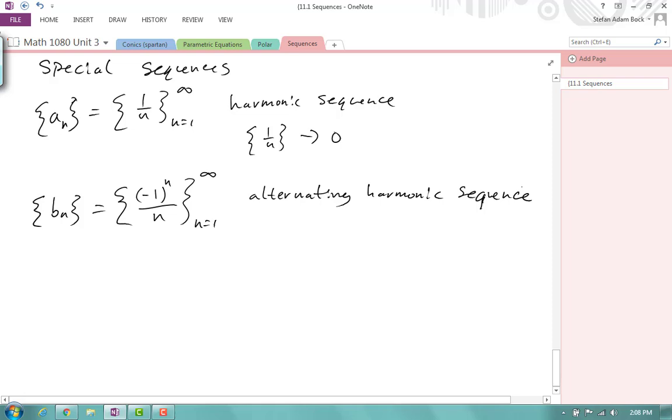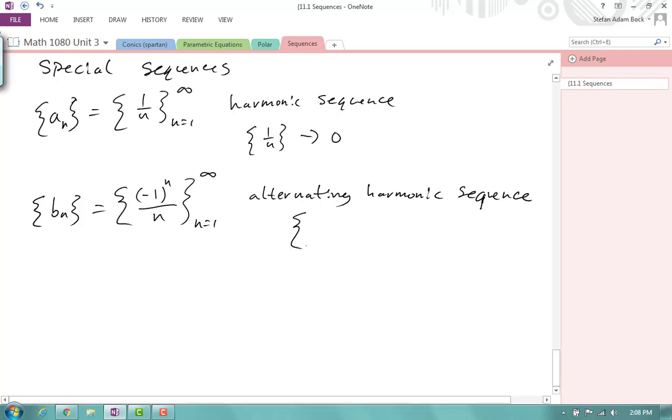Now it's alternating because the n's, the indexes to my sequence, they are integers. Whole numbers. So if I have negative 1 to the 1, I get negative 1. If I have negative 1 squared, I have positive 1. If I have negative 1 to the 3, I have negative 1. It alternates between negative 1 and 1 depending on whether or not n is odd.